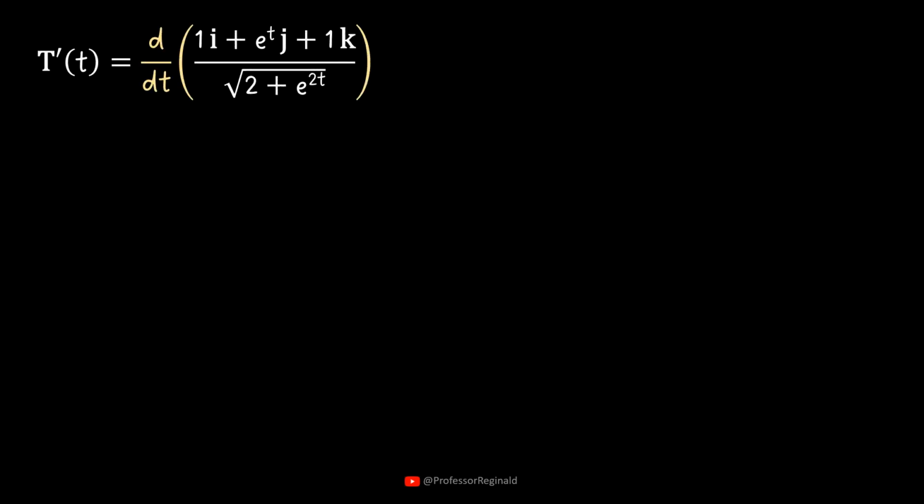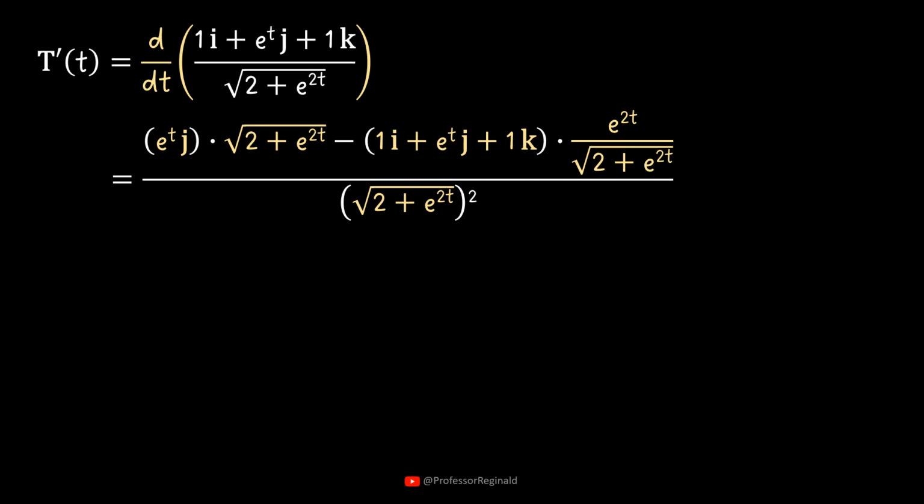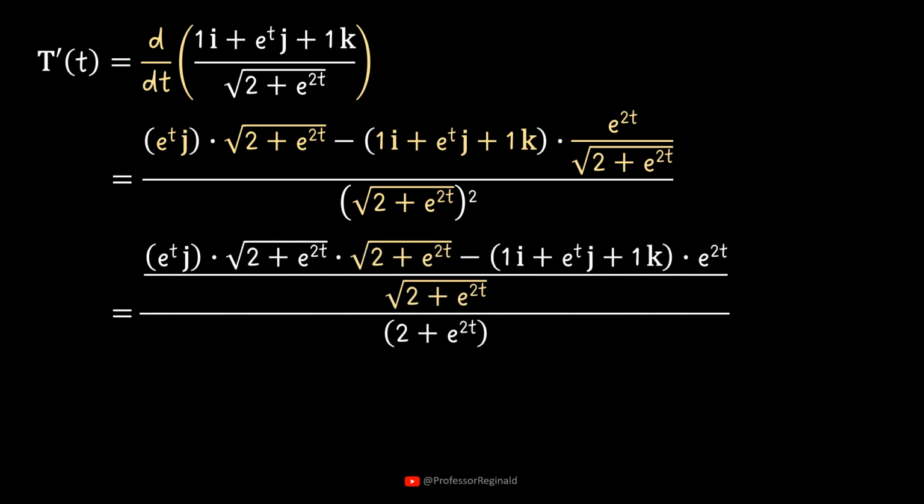Next, we compute the unit normal vector using the derivative of the unit tangent vector. Use the quotient rule. Combine the expressions in the numerator by LCD method. And then combine the x, y, and z components.